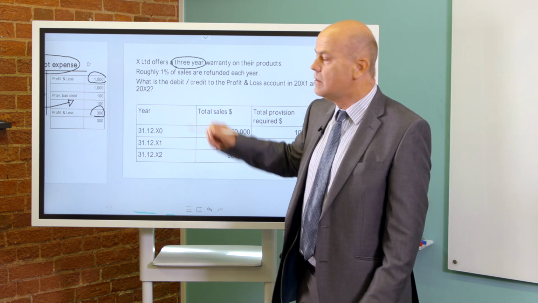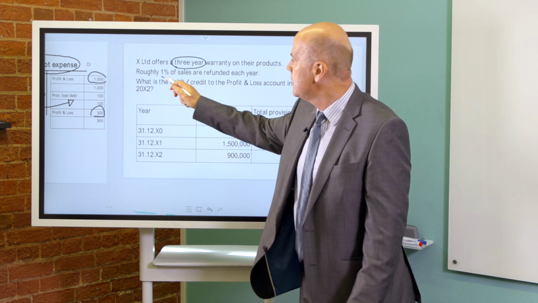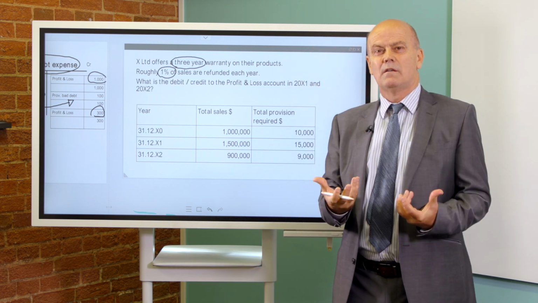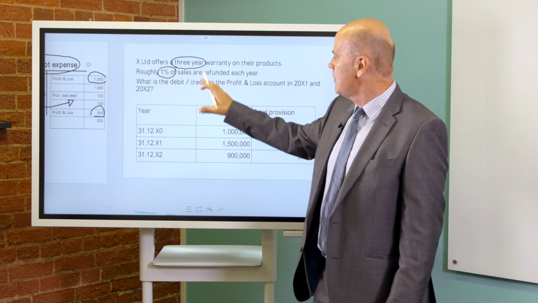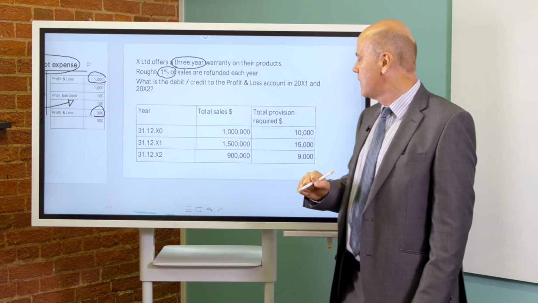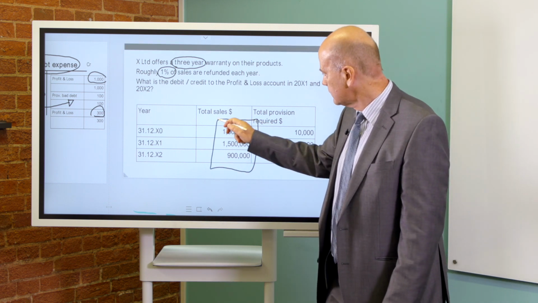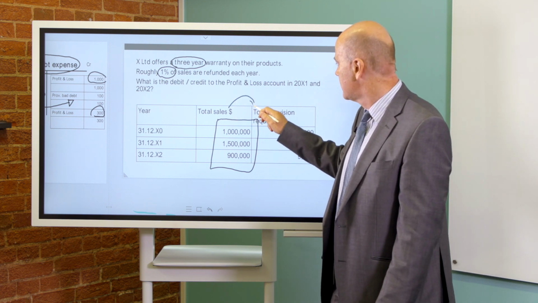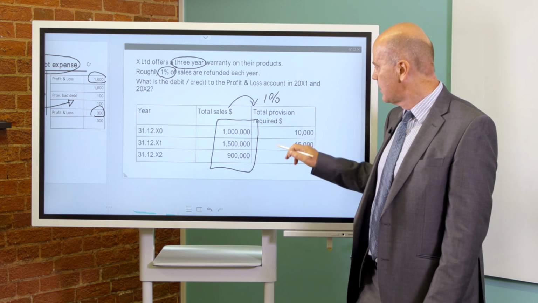So what we need to do is make a provision for that cost, and we say maybe 1% of the sales are returned because the product is broken. So we need to now basically provide for that, and these are the sales. And the provision is 1%, so I've done the calculation. This is the size of the provision.